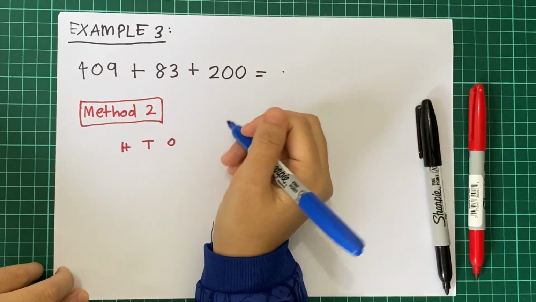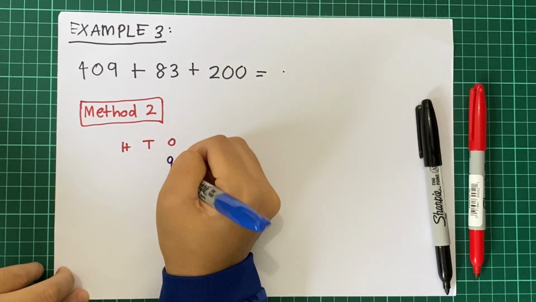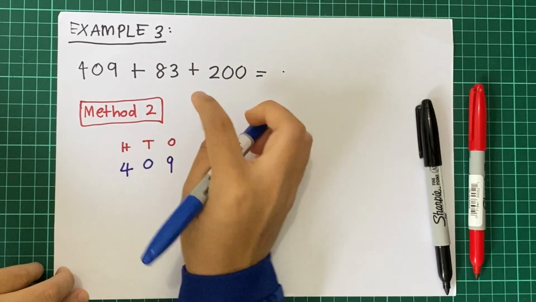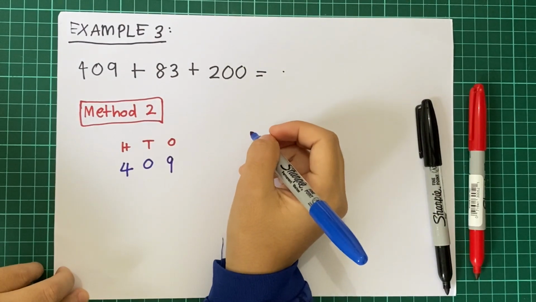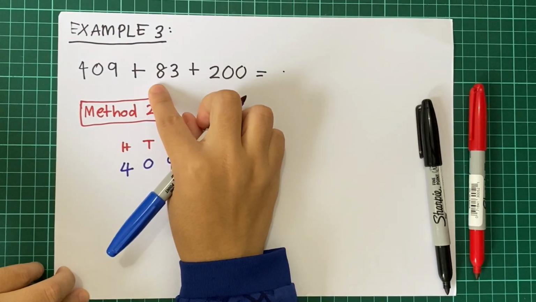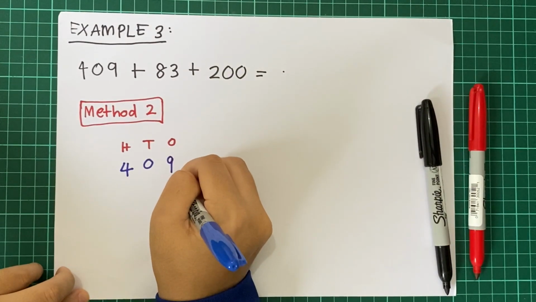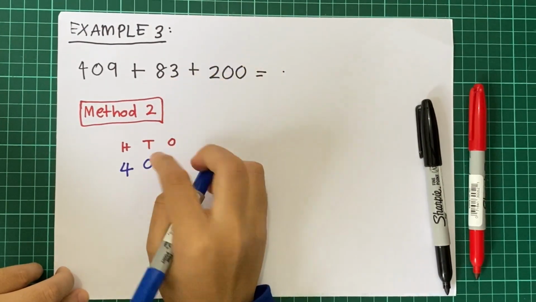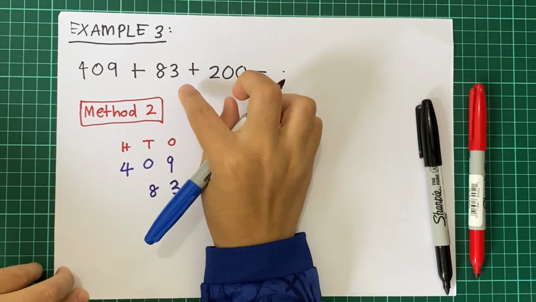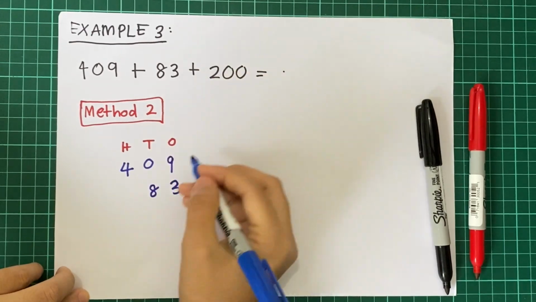Start with the first number. It is 409 with the second number 83. Where should we write 83? Yes, the 3 under the 9 and then 8 under the 0. Plus with the last number 200.